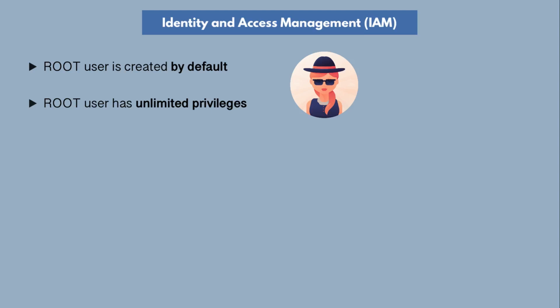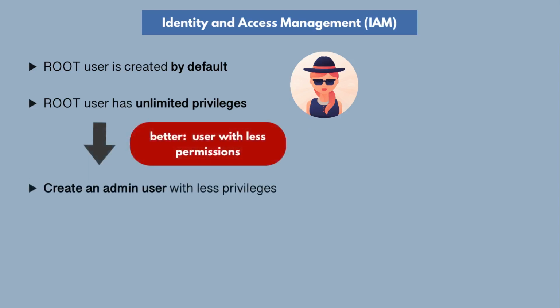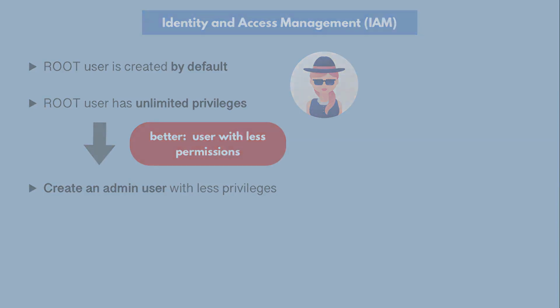So the first thing we want to do when the account is registered is create an admin user that has less privileges than the root user, but it will have all the privileges that we need to create an EC2 instance and deploy some applications on that. And this is the first thing that AWS also advises to do for security reasons.